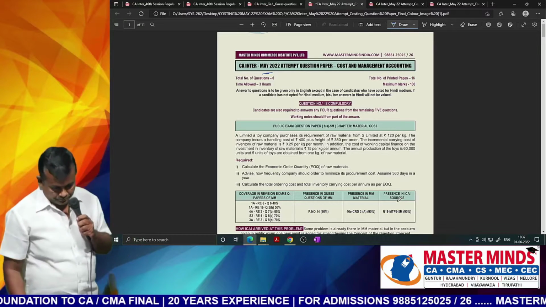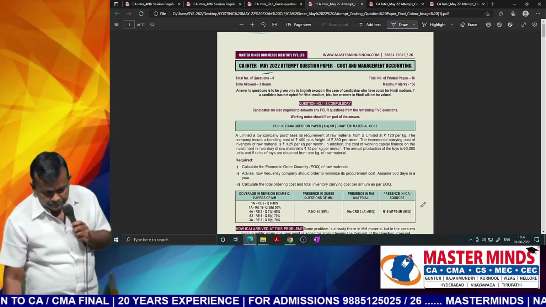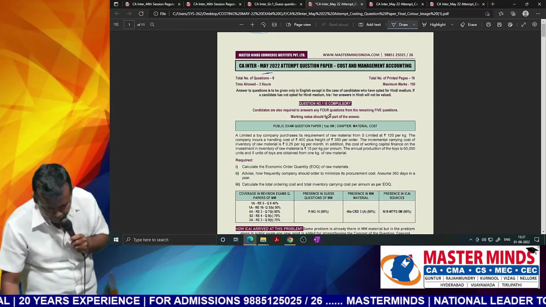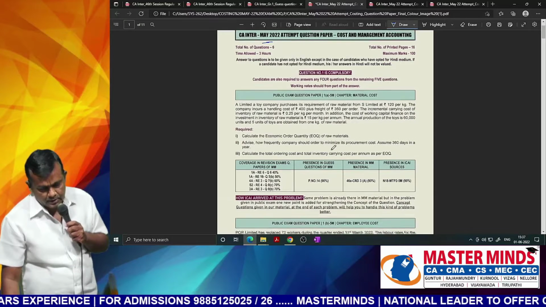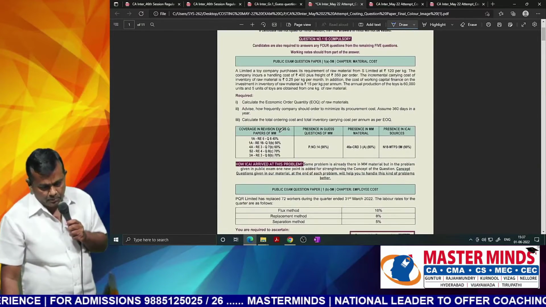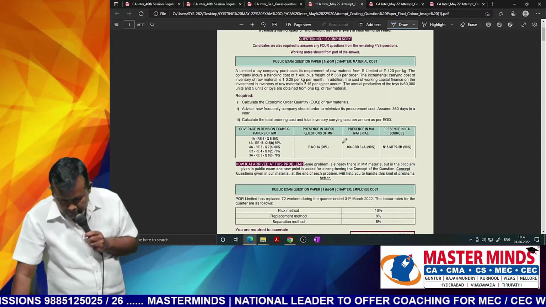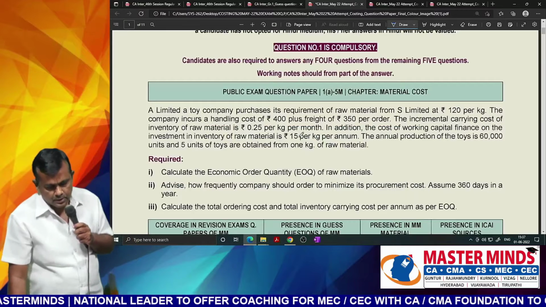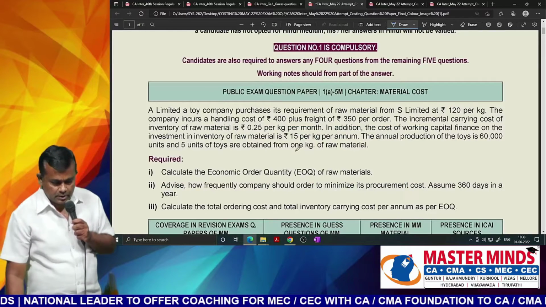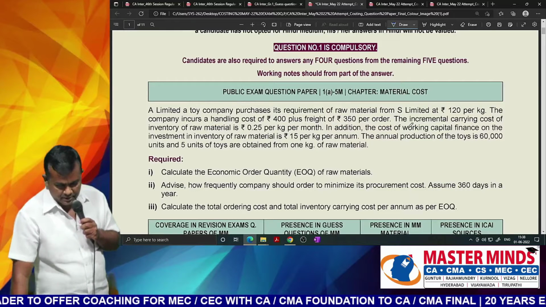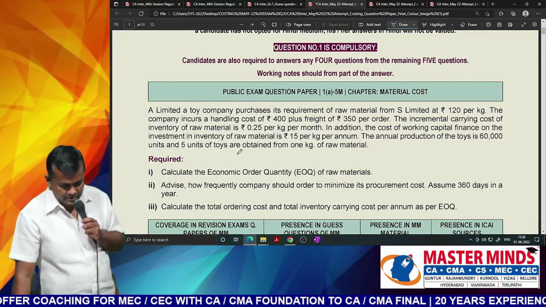So here, first question number 1A, material chapter, 1 minute. A Limited, a toy company, purchased its requirement of raw material from S Limited at the rate of 120 rupees per kg.